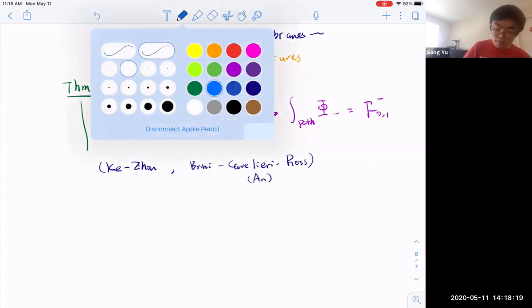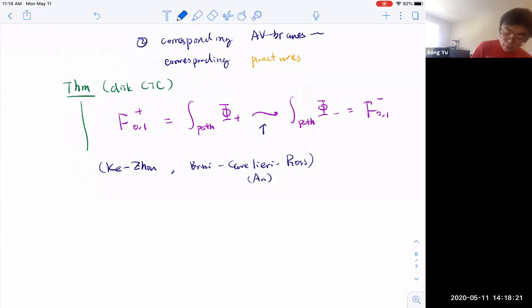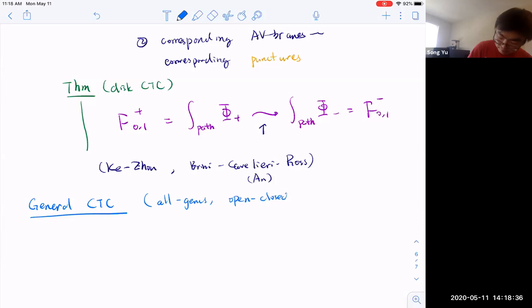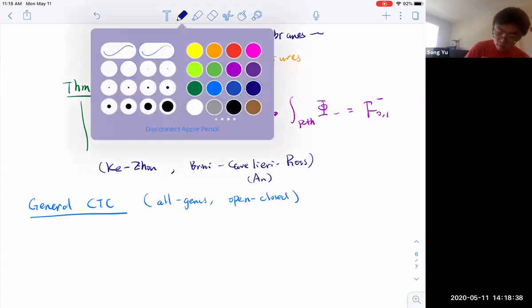So in the remaining time, I'd like to discuss our ongoing work in the general case. As I said earlier, we want to generalize this framework to higher genus and also open-closed invariants.